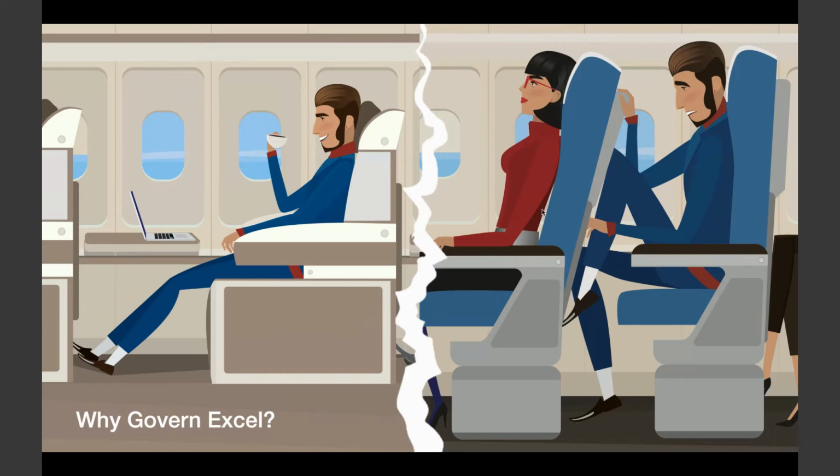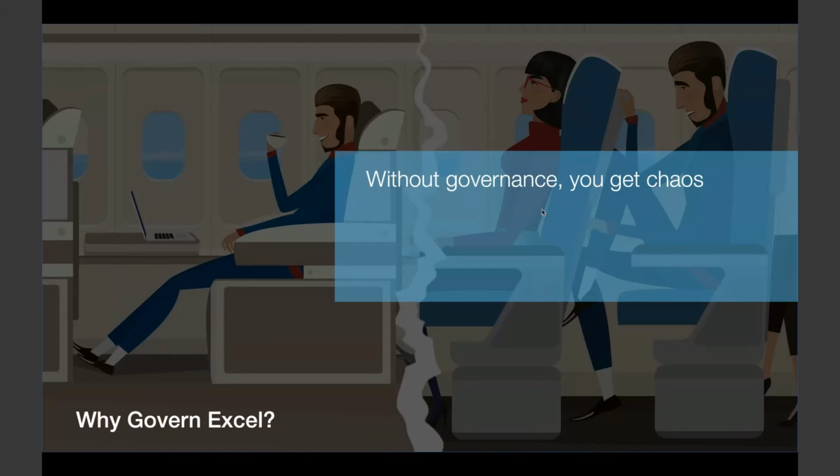If you do that, but then all of this content is created in Excel and distributed throughout the organization, if that's flying coach, then you're creating chaos within the organization from a governance perspective.